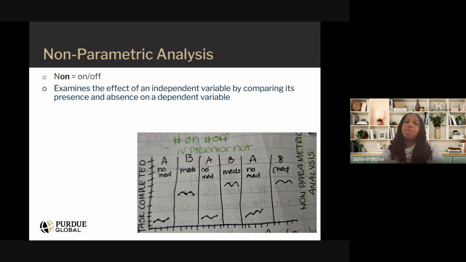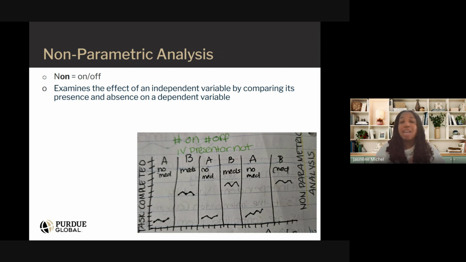Finally, non-parametric analysis. Think of non-parametric analysis like you're turning a treatment on and off. I highlighted "on" in bold for you guys to see. It examines the effects of an independent variable by comparing its presence and its absence. So you're turning on the IV, and you're turning off the IV too, just to compare and see the behavior.